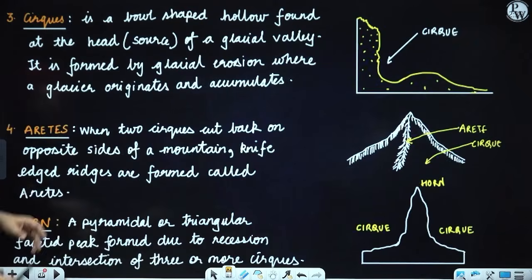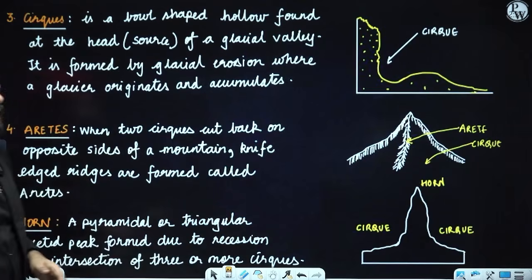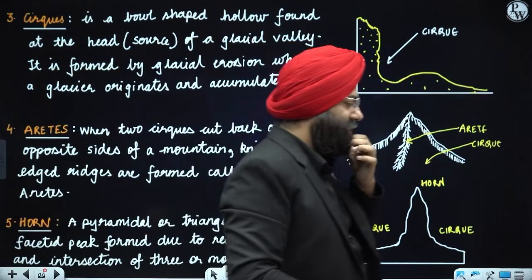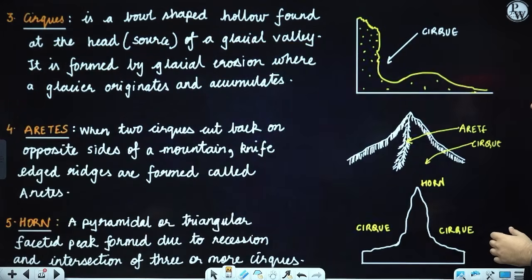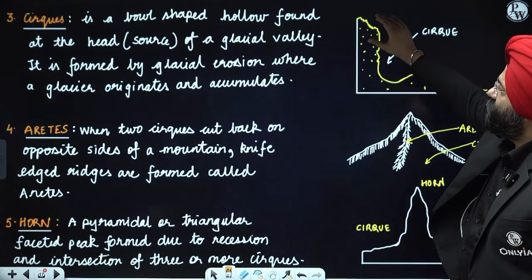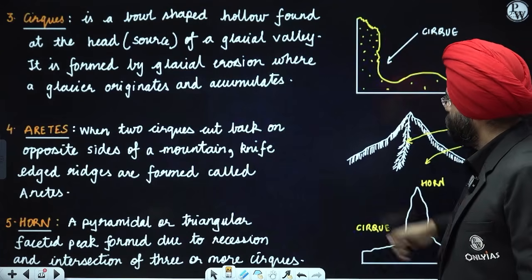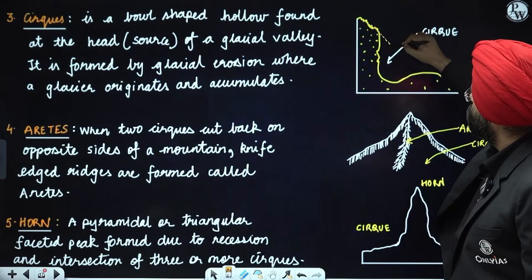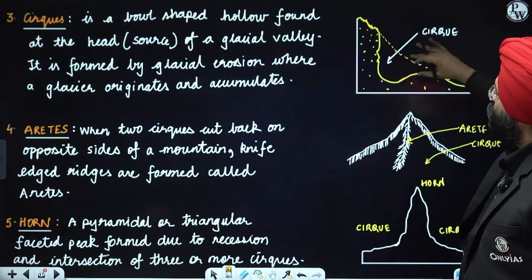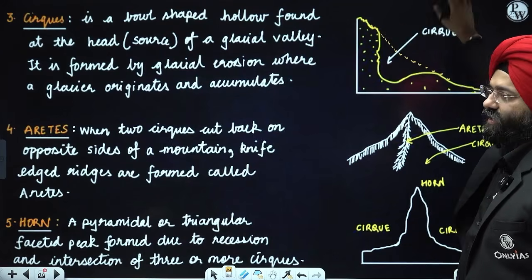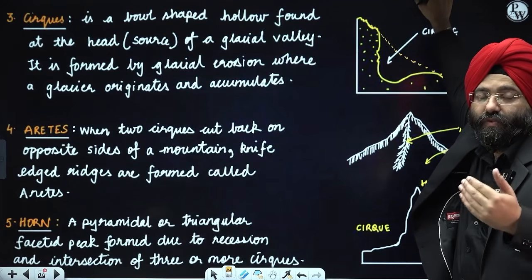Next, cirques. Now please understand this. This is something very important. You should understand also. Supposedly this was a mountainous structure earlier on. Let us see this. This sort of structure was present and the glacier was moving on top of it.